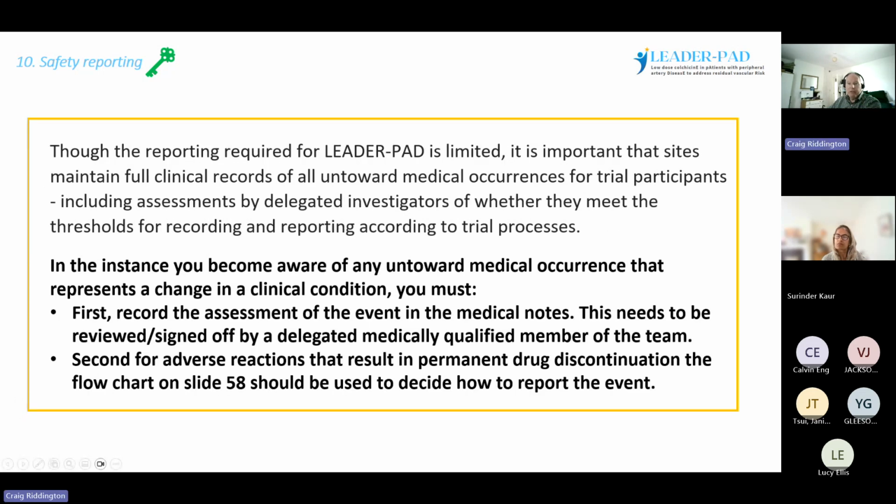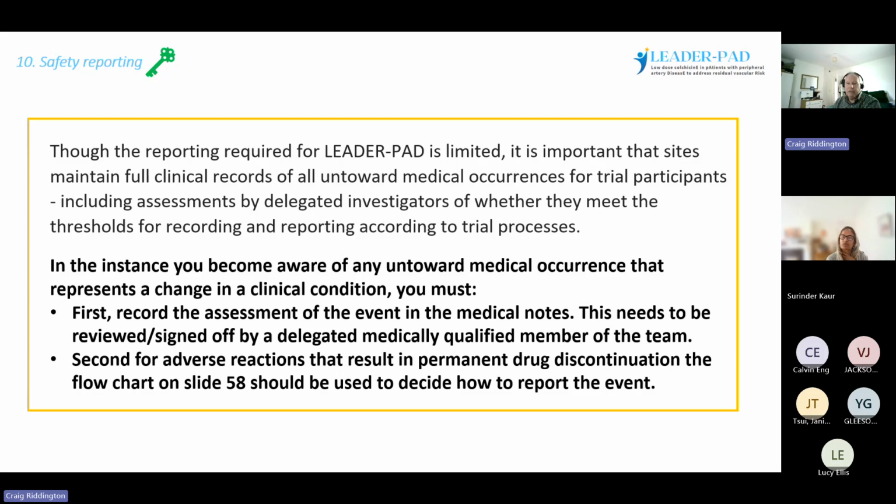Although the safety reporting for LeaderPad is quite limited, it is still important sites maintain full clinical records of untoward medical occurrences. This includes assessments by delegated investigators of whether they meet the thresholds for recording and reporting according to trial processes.